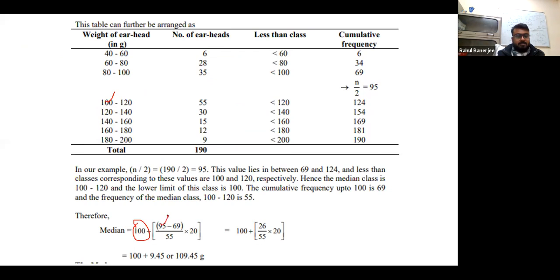It comes over here. 69 is the value of the cumulative frequency previous to the median class. It comes over here. Then we have the frequency of the median class, it comes over here. And then we have the class interval, that is 120 minus 100, which is 20. If you add all these values, this is the value of the median that you will get.